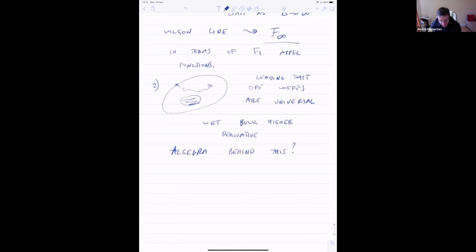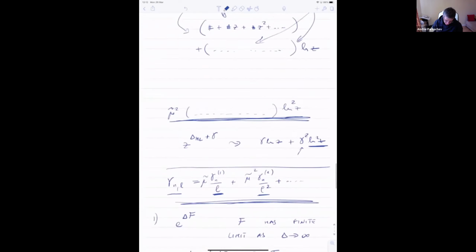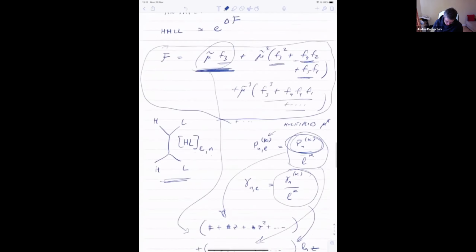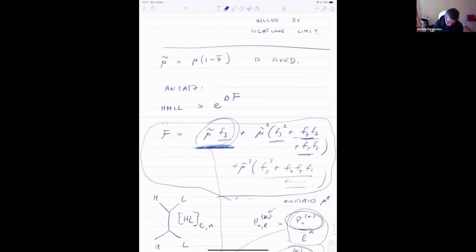One thing to mention is that the light cone limit of the stress tensor block is actually the leading term.